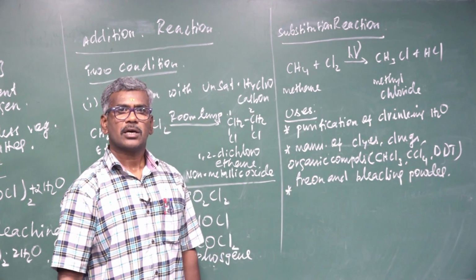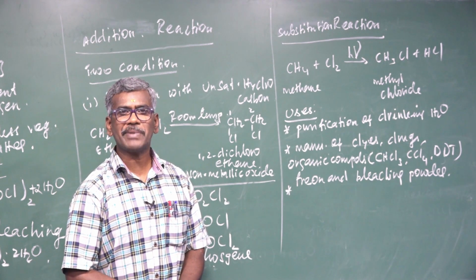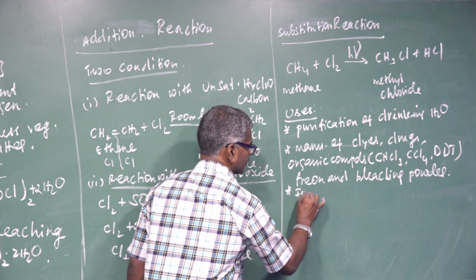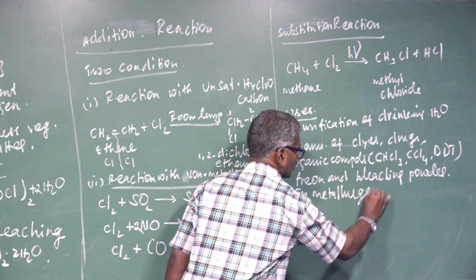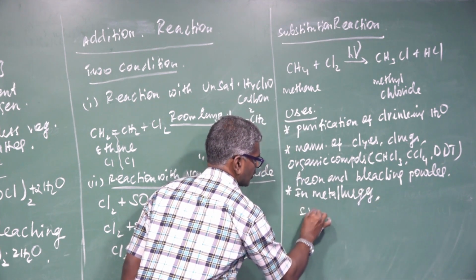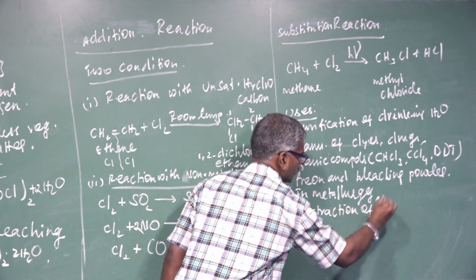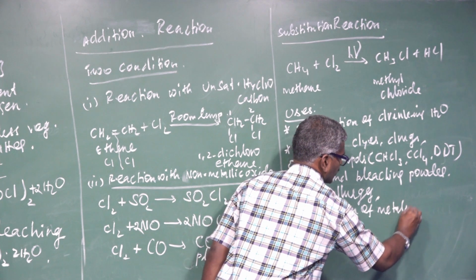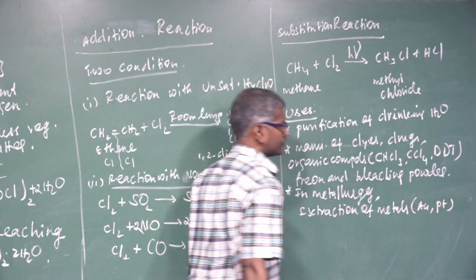Another one, chlorine is used in the metallurgy, extraction of some metals like gold and platinum. Extraction of metals like Au and Pt.